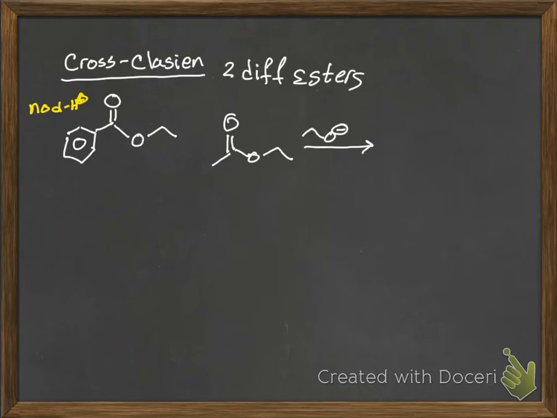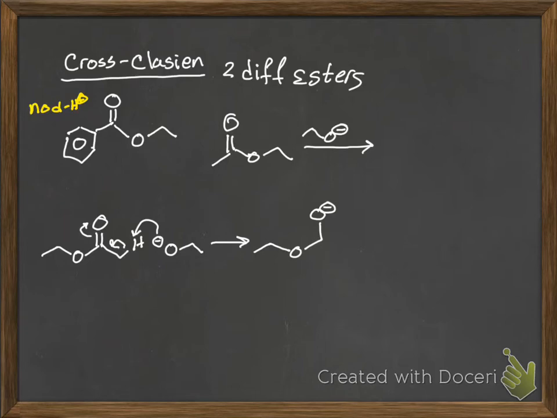Here's the mechanism for it. We form the enolate off of our ethyl acetate, and we don't have to worry about it over on the aromatic side because there's no alpha proton there. So we're here.